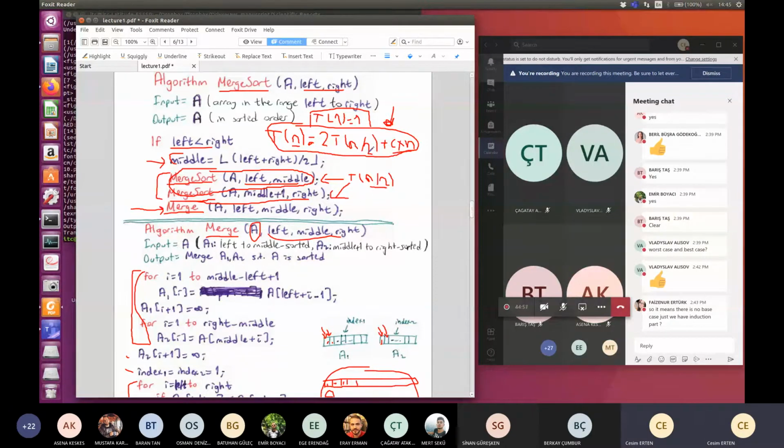Okay, so in our analysis of recursive algorithms, this is the way to follow. First, find a recurrence relation by reading the pseudocode to describe the running time, and next step is to find a closed form formula for this recurrence relation.